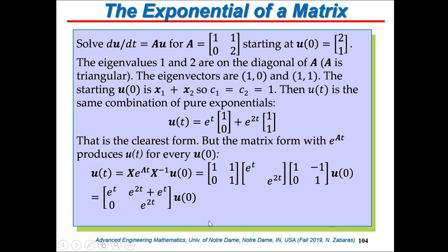Okay, so let me see, is that correct? Okay, I see the bottom is correct, e to the 2t. It will match that. But if I put u of 0 being 2 and 1, I'm going to have 2 of this and 1 of this, 3 plus 1.